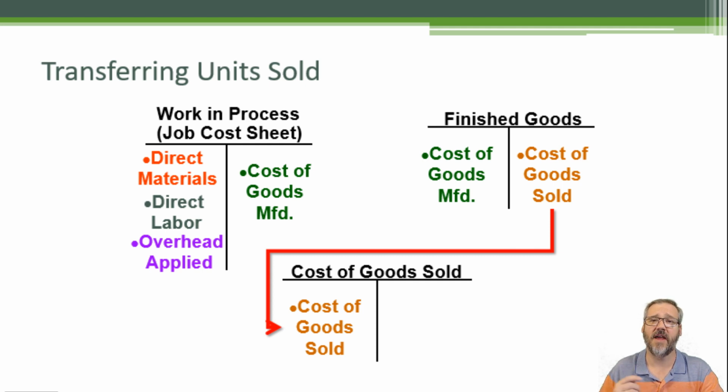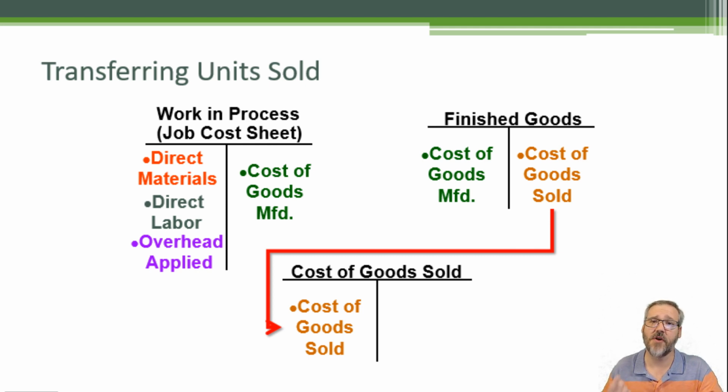The value of the house that I just built gets credited as cost of goods sold to finished goods. We credit the cost of the house that I just sold because that value doesn't exist in finished goods anymore. The value of that house is being removed from finished goods and it's going into the cost of goods sold.